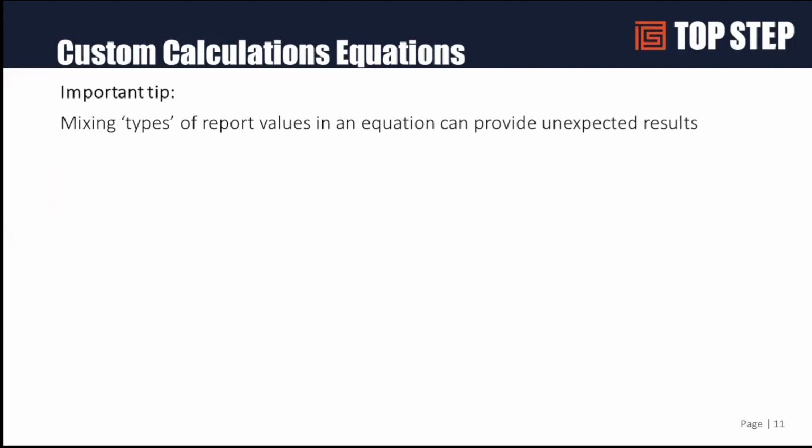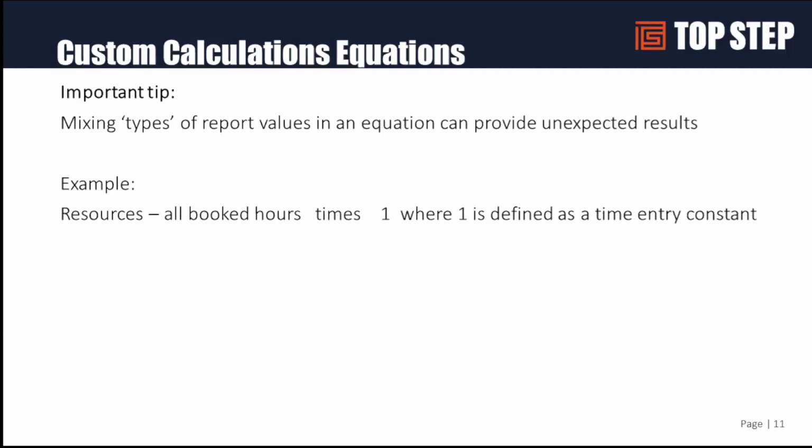Now, you may be asking yourself, well, okay, that's fine, but why can't I just use the same 1 on everything? Why can't I use that time entry 1 value, that constant that's in my system? Why do I have to create a bunch of different ones? And the reason is when you mix types in these calculations, you may get unexpected results. The best example I can talk about is where you are dealing with booked hours.